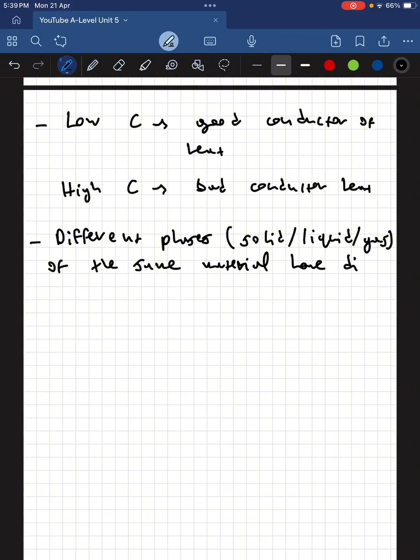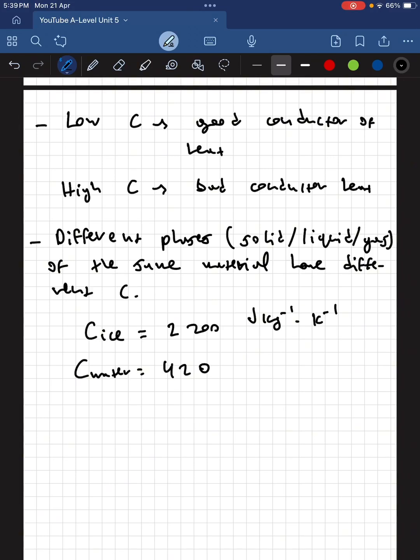have different specific heat capacity. And I'm going to provide the example of water. So specific heat capacity of ice is 2,200 joules times kilograms to the minus 1 times kelvins to the minus 1. The specific heat capacity of water is higher, 4,200 joules kilograms to the minus 1 times kelvins to the minus 1.